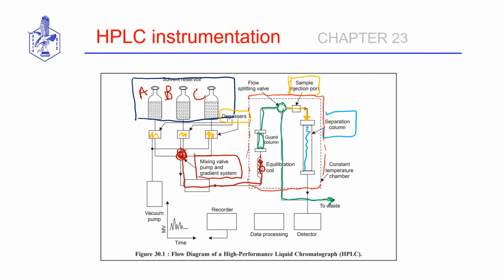As components come off the end of the column, okay, we need to direct them into some form of a detector. Okay, there are several types of detectors we can use. When you purchase an HPLC chromatograph, it's like buying a car. You have all kinds of options. You can have a UV visible detector, fluorescence detector, refractive index, evaporative light scattering, electrochemical. It is a plethora of options in the means of detection.